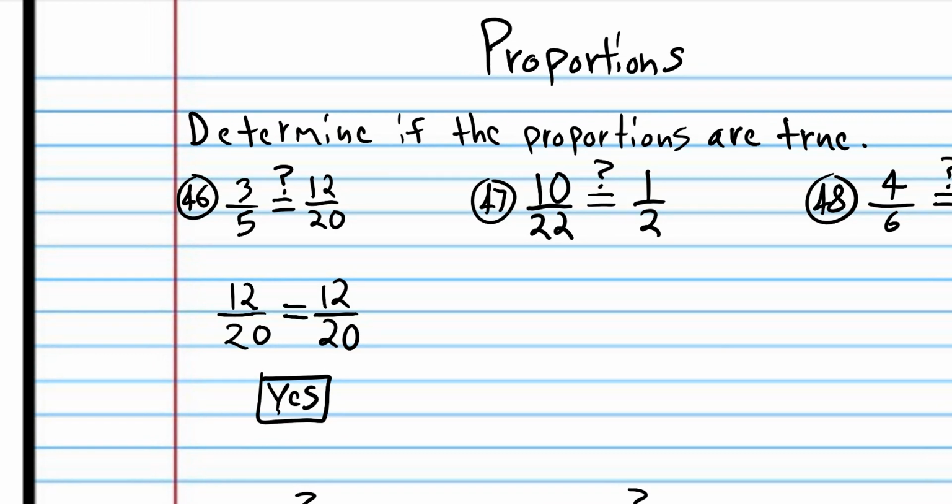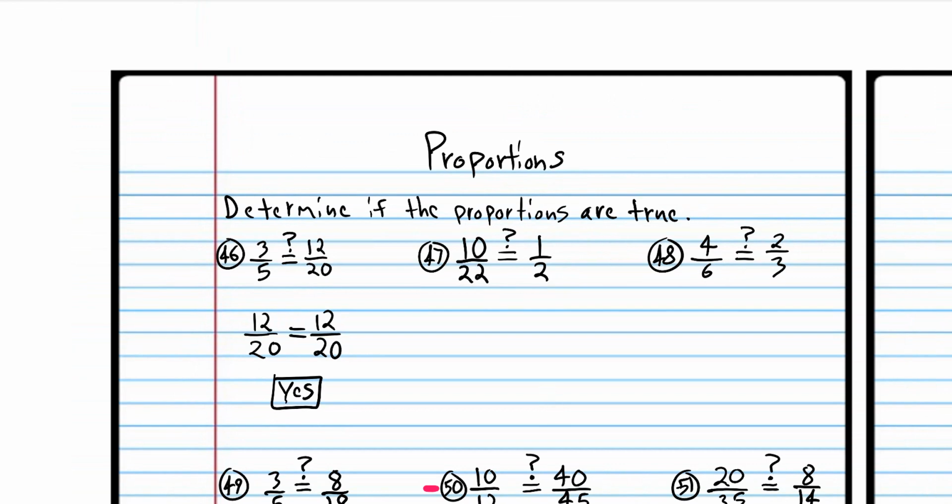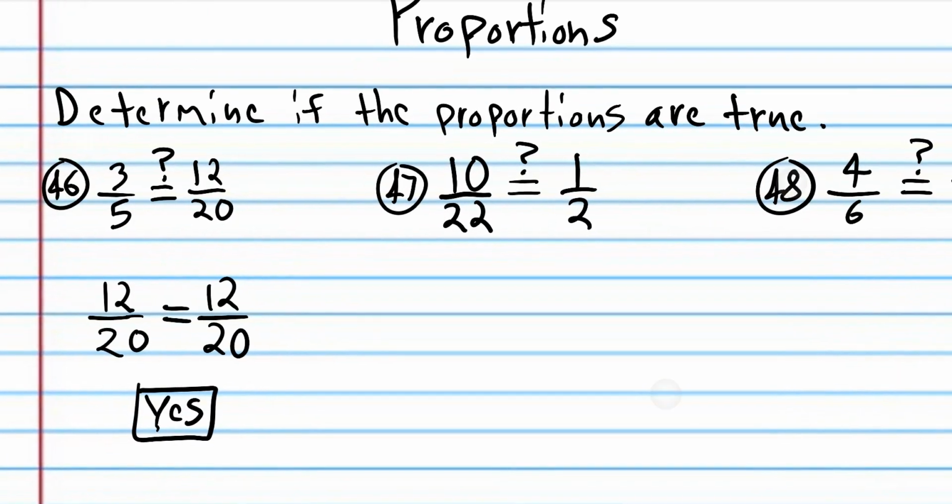Now, in this problem, I multiplied both sides of this fraction to get to this fraction. I can also reduce the bigger fraction sometimes, not every time, but in this case, I'm going to try reducing. Actually, you know what? I'm just going to try multiplying again. I'm going to multiply both sides of this fraction by 10.